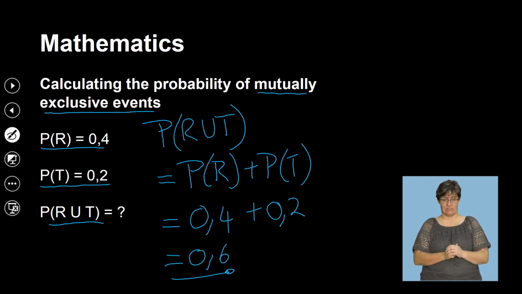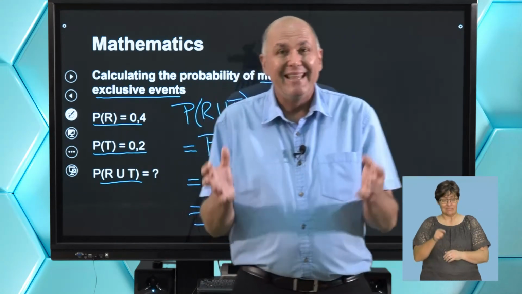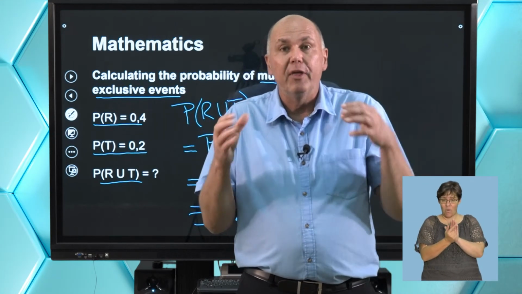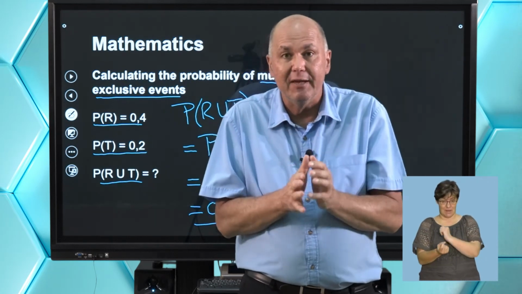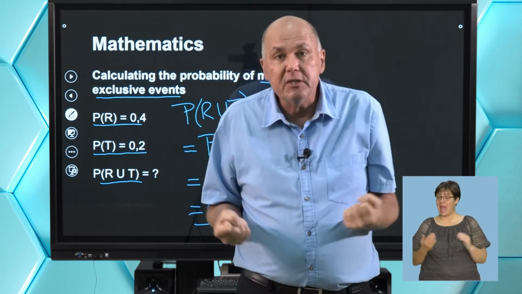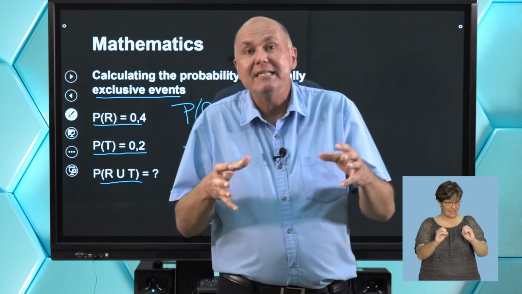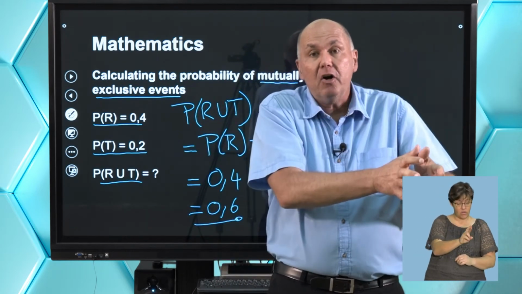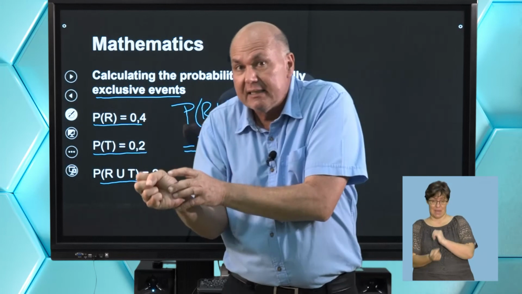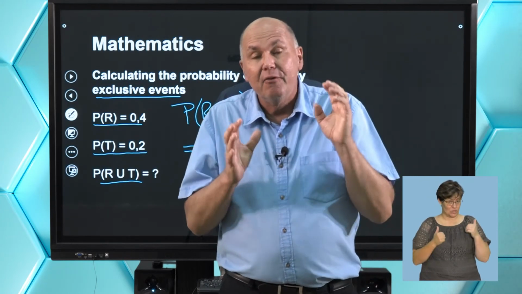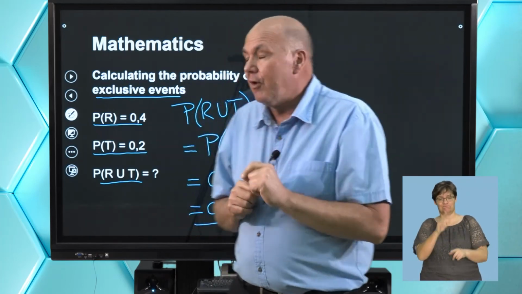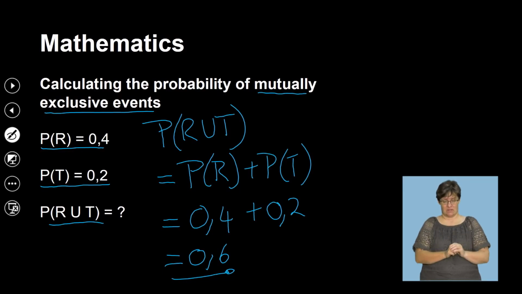Now, please remember that that law or that identity applies for mutually exclusive events. When there is no intersection, the probability of R or T taking place is 0,6. Very good. Let's move on and have a look at another example of the same application.